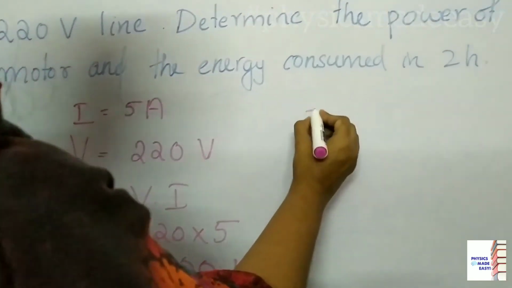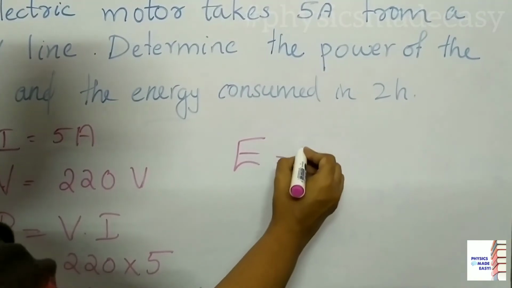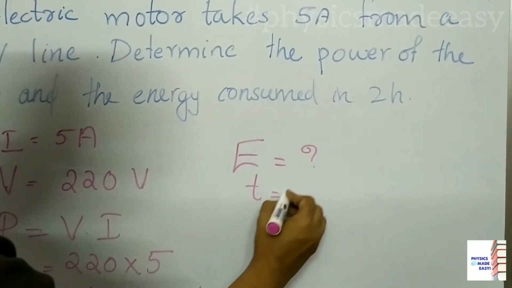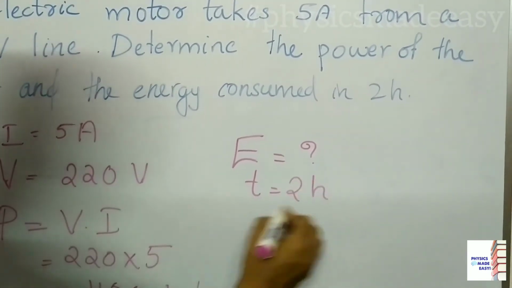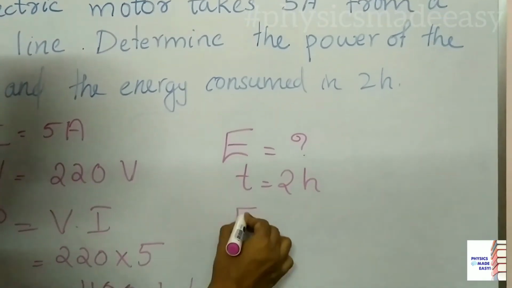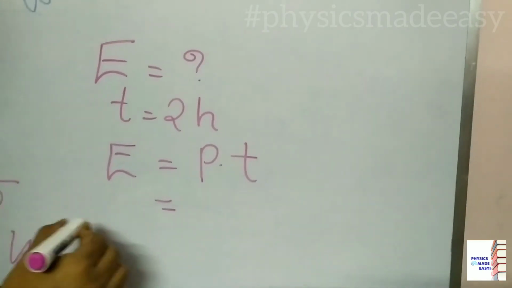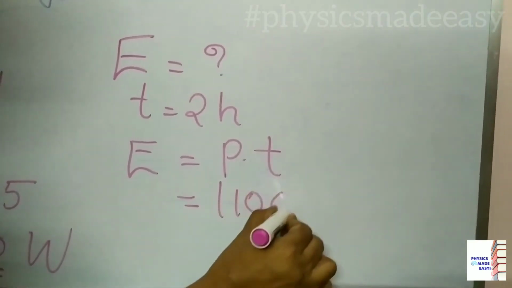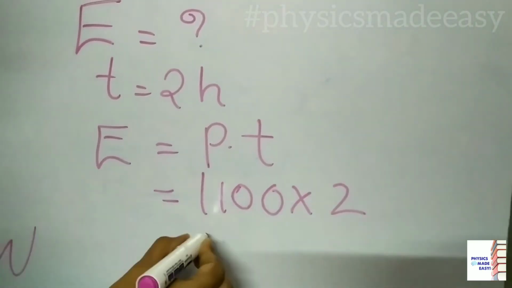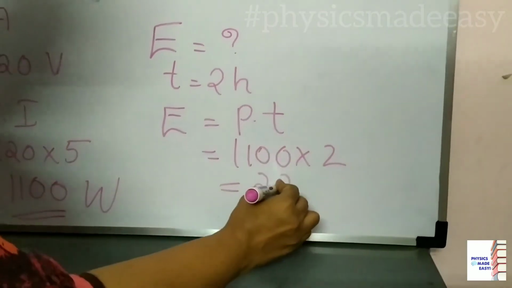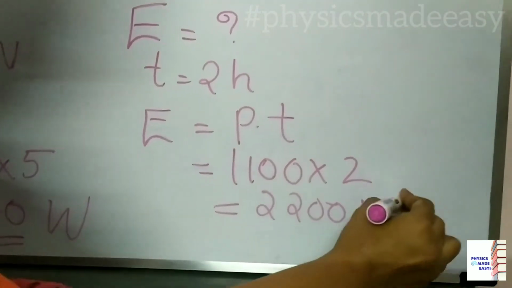We have to find the energy consumed in 2 hours. Time is given as 2 hours. Here energy is equal to power into time. We can find that as 1100 into 2, that is 2200 watt hour.